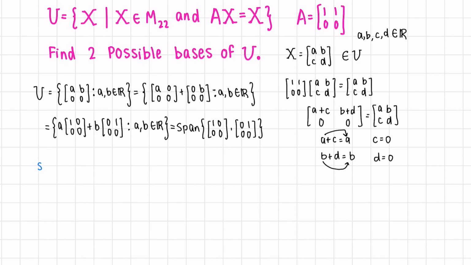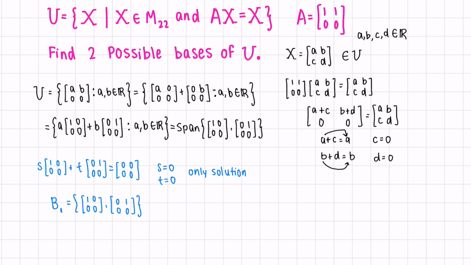If we say s times the first matrix plus t times the second matrix equals our 0 vector, which would be [0, 0; 0, 0] in this case, we clearly see that s equals 0 and t equals 0 is the only solution. So one possible basis, I'll call this B1, would be these two matrices, because they have two properties. One, they span U, and secondly, they are independent.